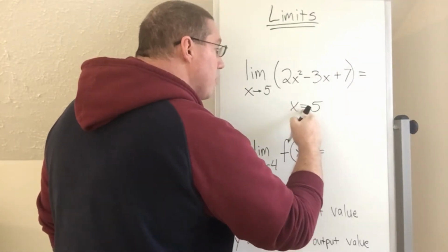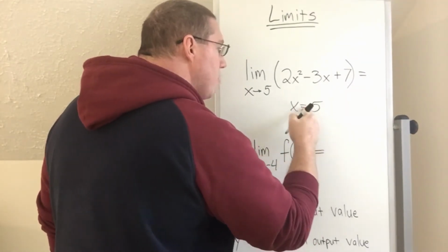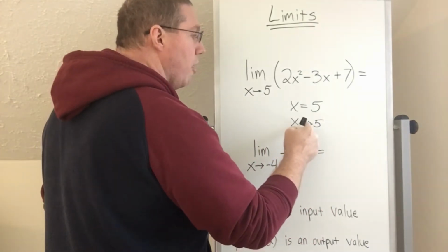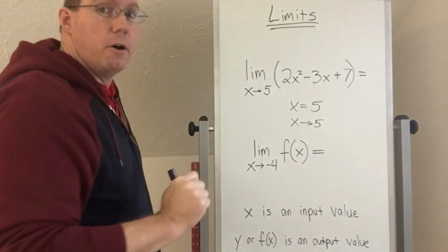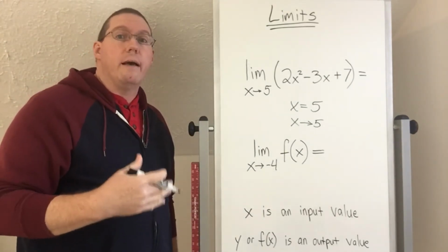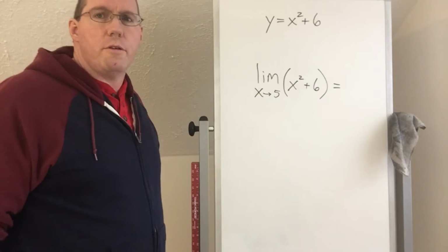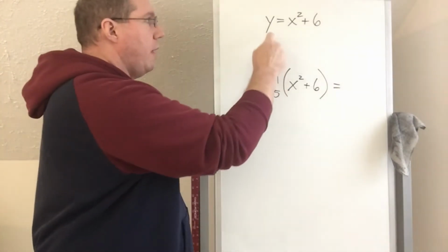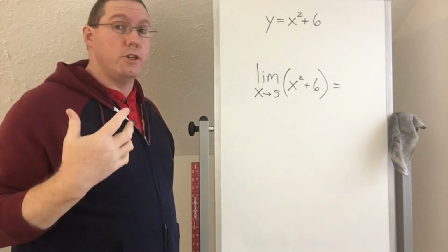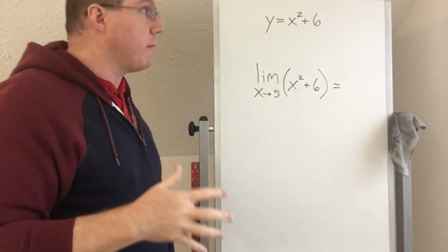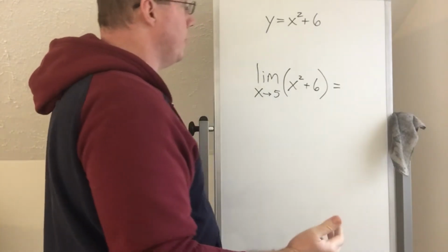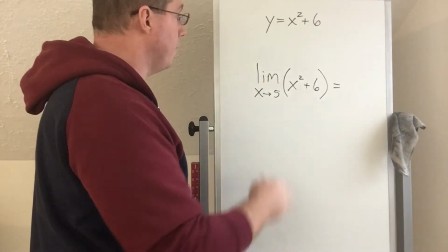Instead of saying x is equal to 5, we're replacing the equal sign with an arrow, and we're saying that x is approaching 5, okay? So let's talk about what the word approaching means.